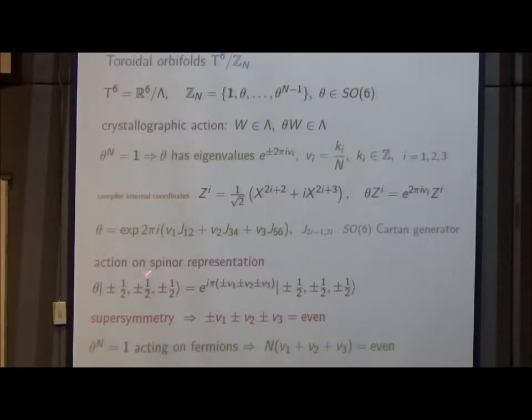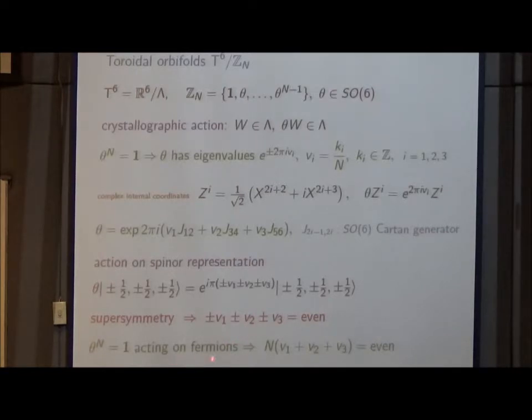So I want one of them to be invariant, at least one. This is the condition of SU(3) holonomy, that at least one is there. Here we see the condition is that the sum of these numbers has to be even for some combination of the signs.